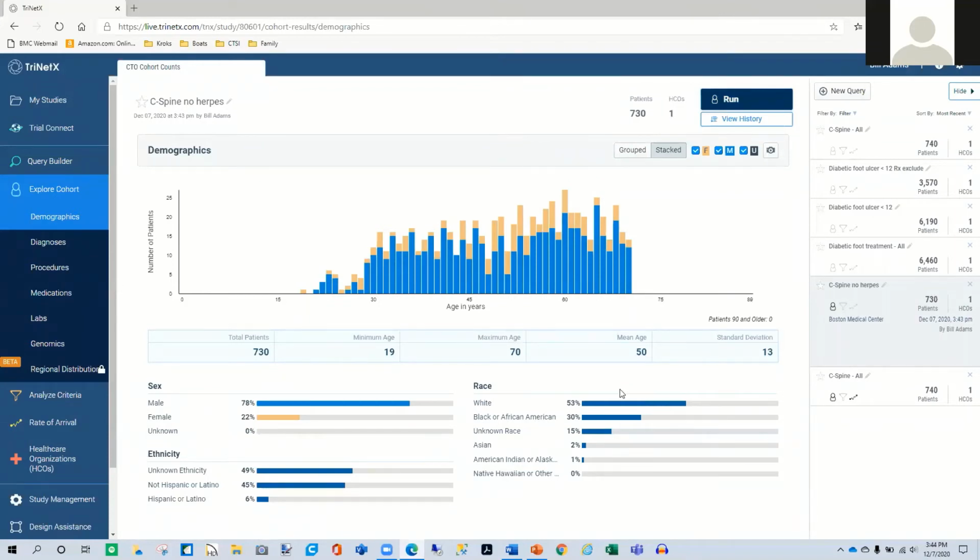And you could play around with some of this other stuff too and get a sense for it. So this is just to highlight that this is not going to solve all your problems, but depending on how specific you can be, you can get closer and closer to the cohort that you really want. And then you're probably going to have to go do some chart review or something like that to figure out all that special nuance for that study.